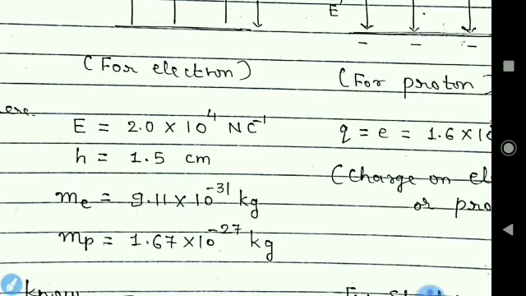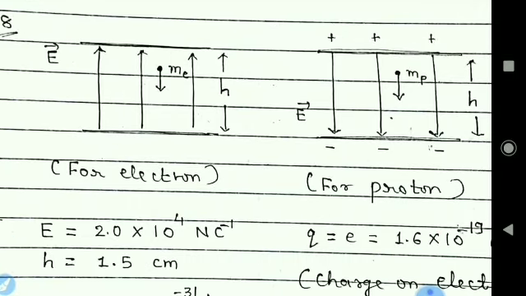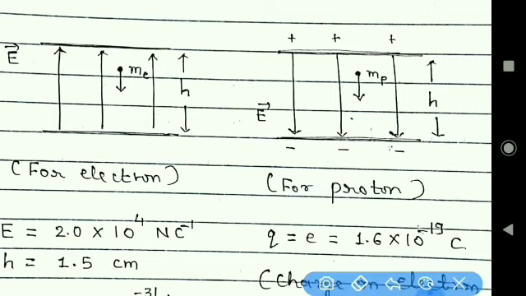So first we will find the time taken by the electron, and then in next part we have to find the time taken by the proton for similar type of situation. This situation is shown in the next figure. You can see here the electric field is reversed. Earlier it was in the upward direction, now it is in the downward direction.